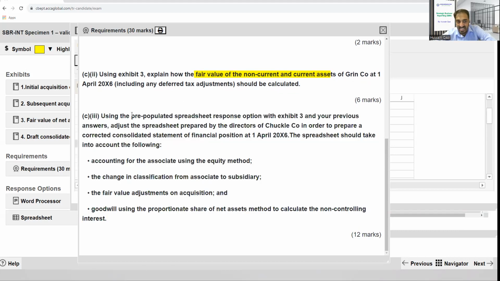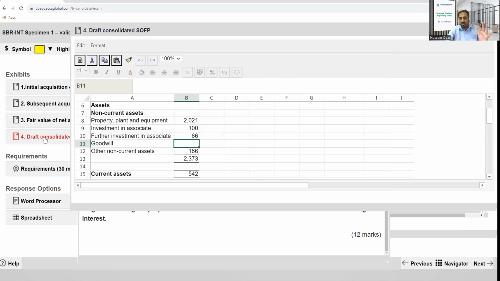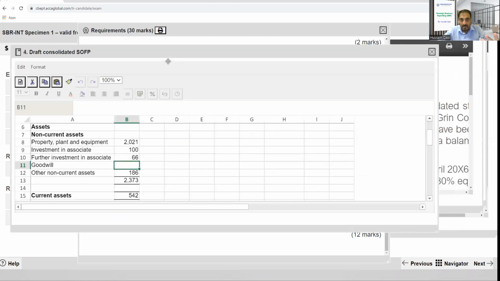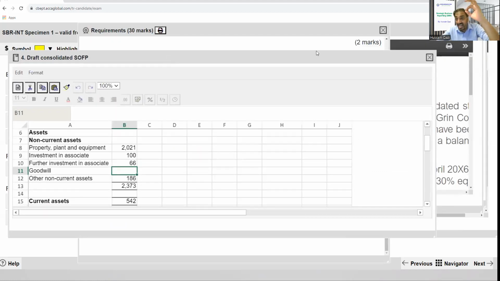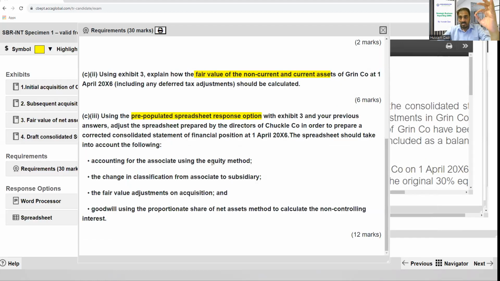Examiner here mentioned using pre-populated spreadsheet option. Pre-populated spreadsheet means drafted consolidated accounts. Pre-drafted, pre-populated, pre-designed. Here the consolidated accounts are already made but have some mistakes.